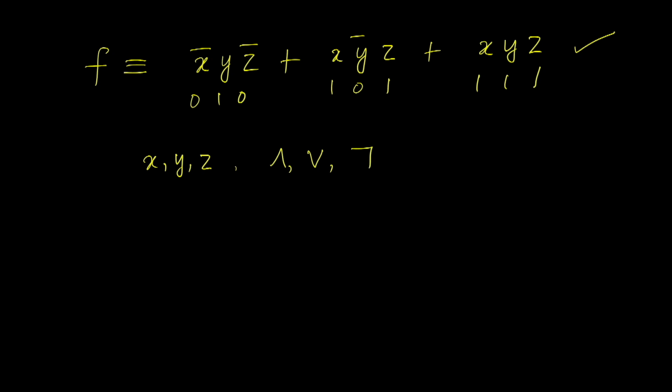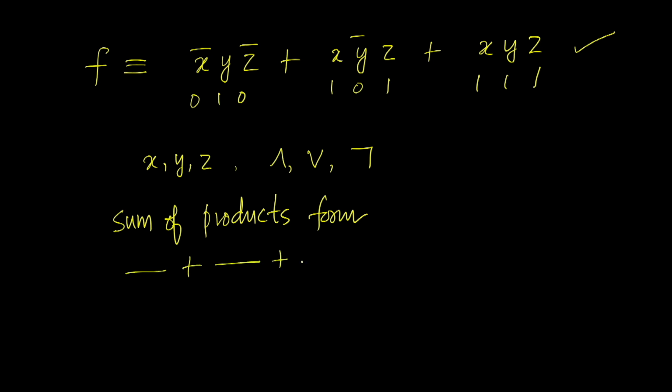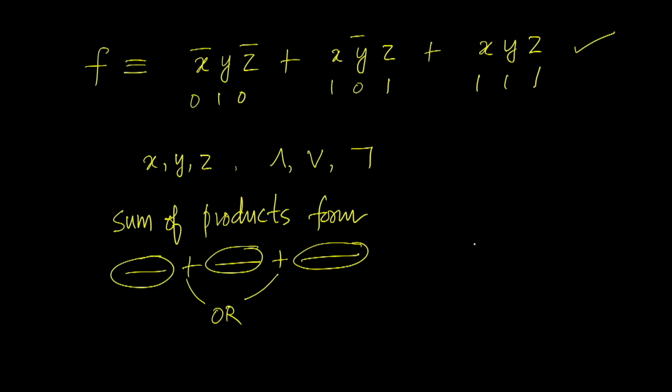And this form is called the sum of products form. That is because it is expressed as an OR of several terms, or corresponds to the addition symbol. That is why we call it a sum, and then each of the terms here is a conjunction.